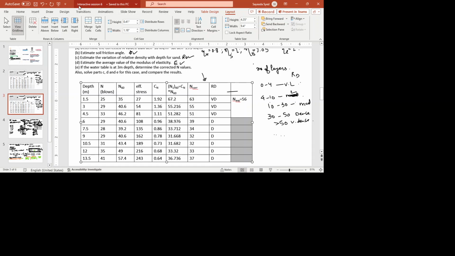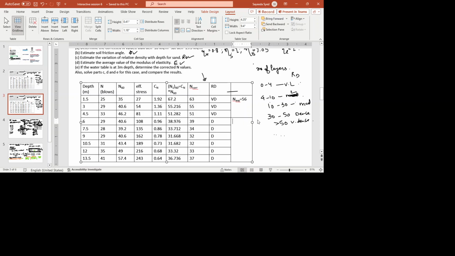And here our average N value will be about 34.5, or let us take 35. Okay, so for these values, our phi will be, let me give you the correlation for N and phi.